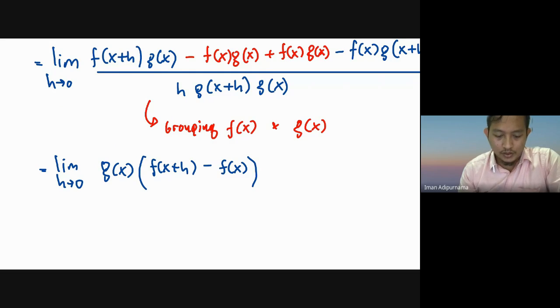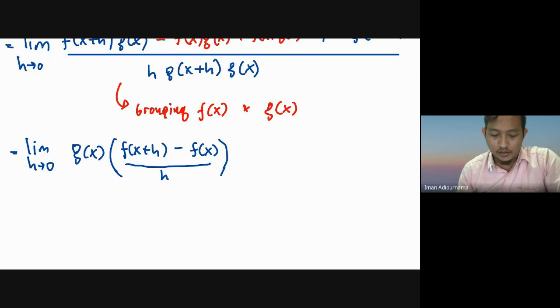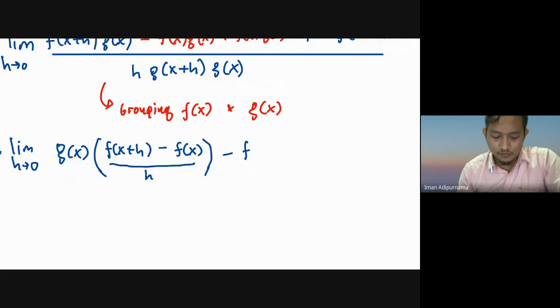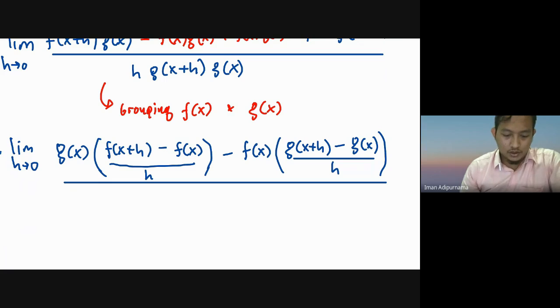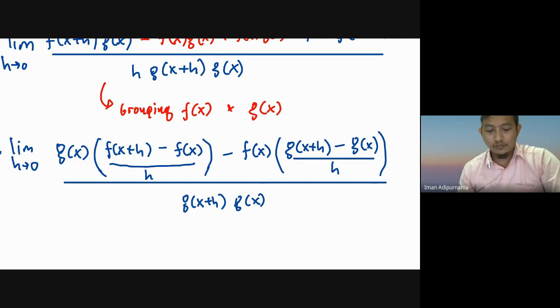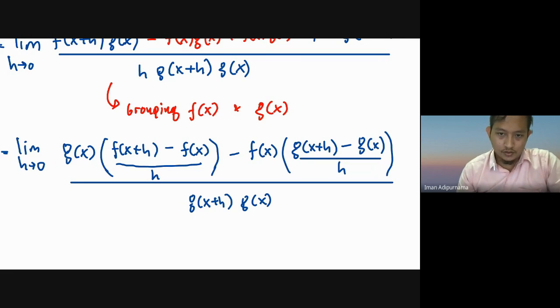I will move h to the top equation, so I will write h in both the left and right sides here. And the bottom equation will be left with g(x+h) and g(x). So I'm moving the h to the top equation.